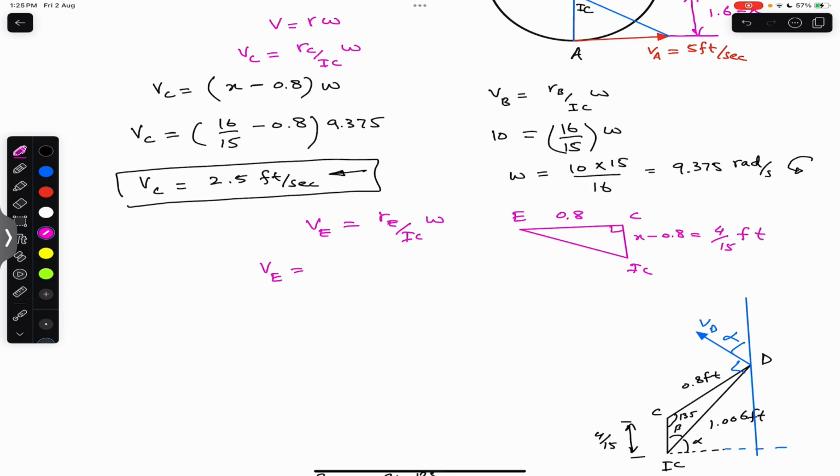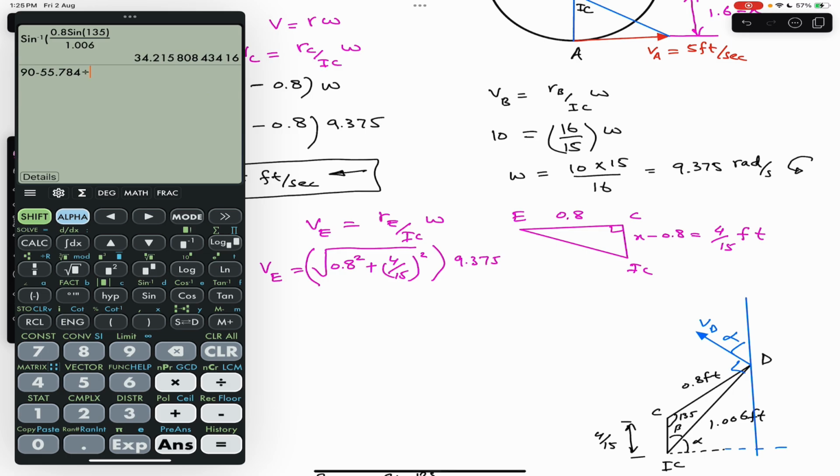So VE is equal to R of E using Pythagoras theorem. So that will be the square root of 0.8 squared plus 4 divided by 15 squared, multiplied by omega. Omega is 9.375 radian per second.